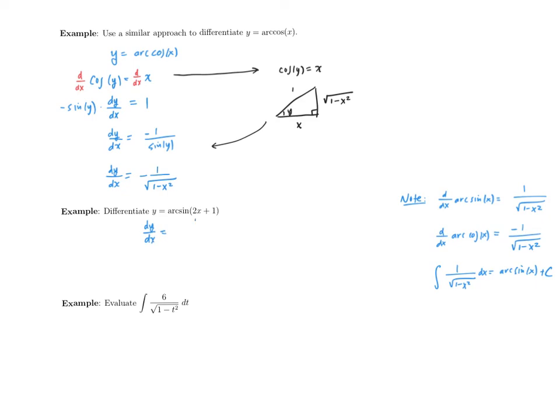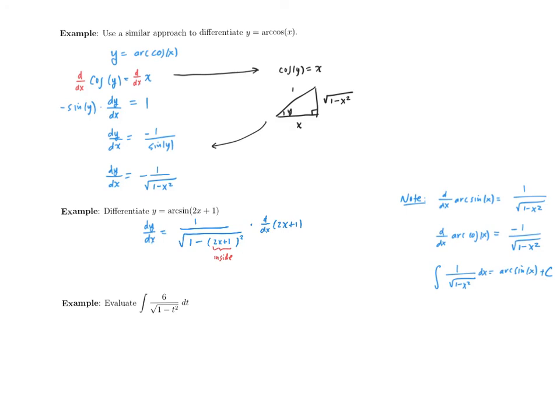The derivative of arcsine is 1 over the square root of 1 minus something squared. We substitute in the inside function, 2x plus 1. So this is our inside function, which has been placed inside the derivative of arcsine. Then we multiply by the derivative of that inside function.